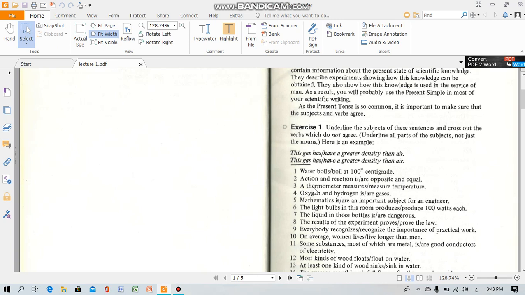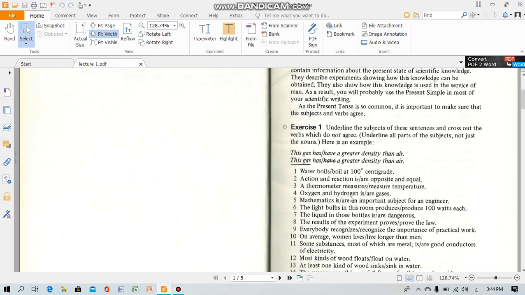Number 3. A thermometer measures or measure temperature. Here thermometer is singular, so we can use only the verb which contains, very good, the third person singular S. A thermometer measures temperature.